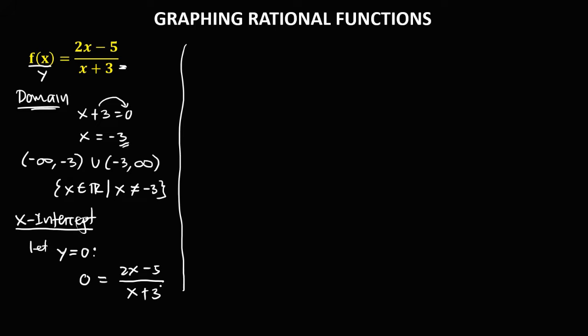Then to solve for x, over 1, cross multiplication: 1 times 2x minus 5, that's 2x minus 5, equals 0 times x plus 3. This one is equal to 0.